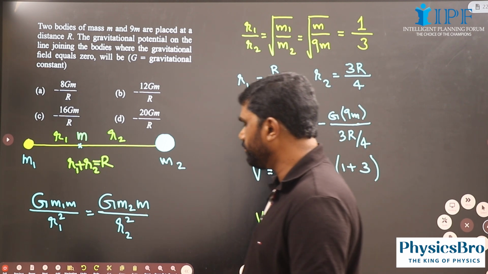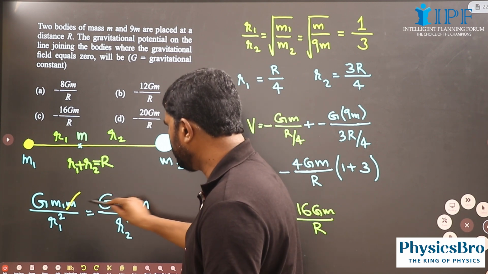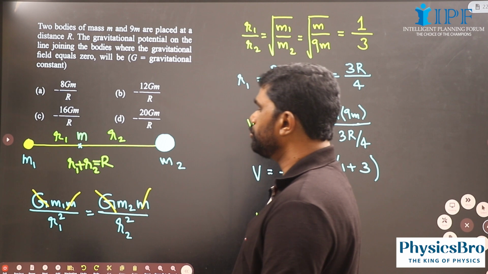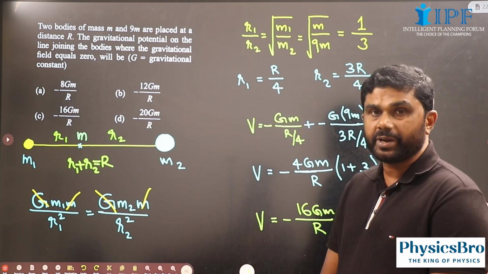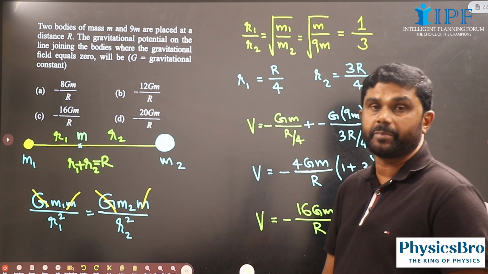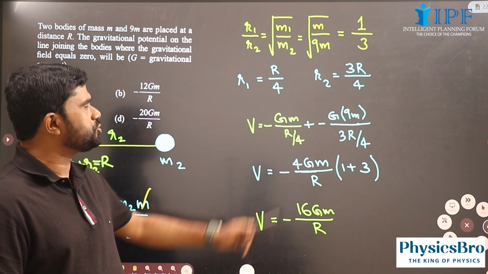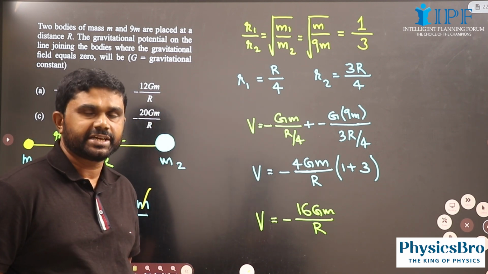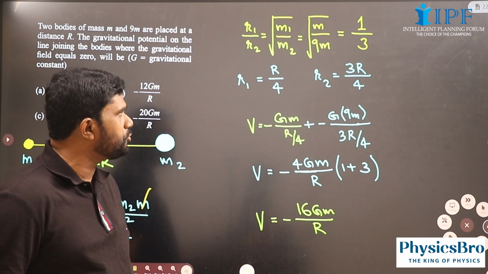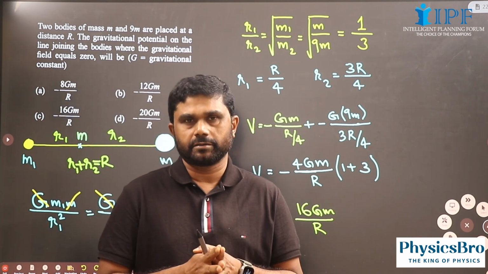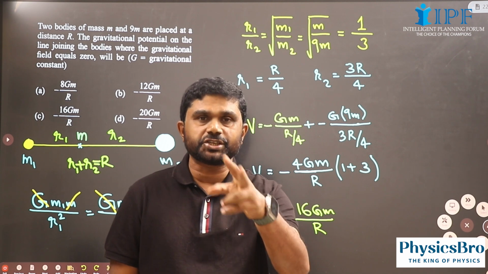Here we have this m and m on both sides, G and G on both sides. So we will get r1 by r2 equal to root of m1 by m2. m1 is m and m2 is 9m, so under root m by 9m, that is under root 1 by 9, or it is equal to 1 by 3. r1 plus r2 is capital R, and r1 and r2 are in the ratio 1 is to 3.